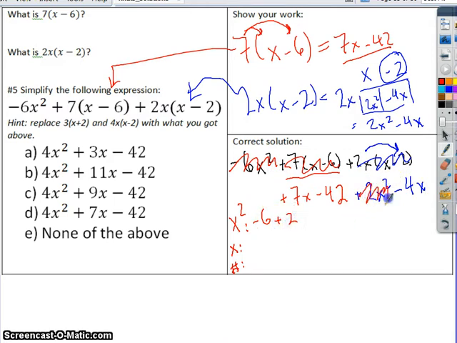And then from the x's, I've got 7 of them here, negative 4 of them here, and then the number negative 42. Okay, and that's all of the terms. So in the x squares, negative 6 here plus 2 here gives me negative 4x squared. 7 minus 4 is 3x and minus 42. So it is this one. So the answer is A.